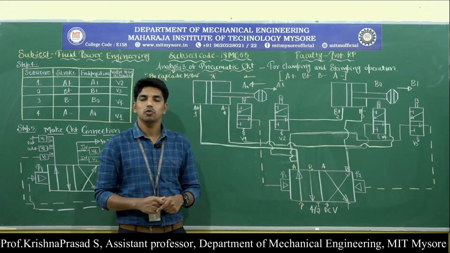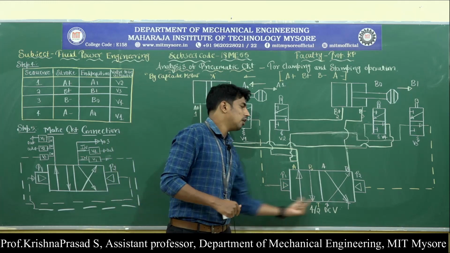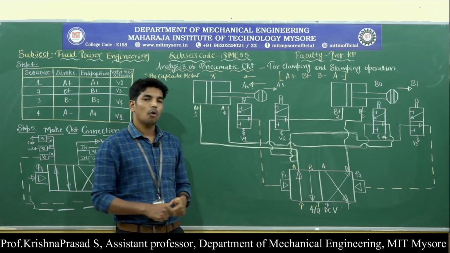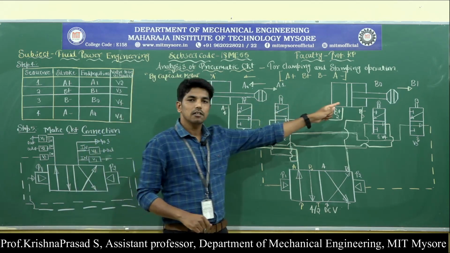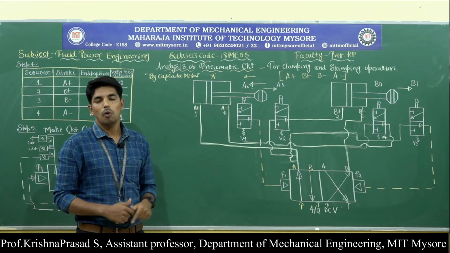The reversing valve is used to change over the signal from the pilot signal P1 to the pilot signal P2 whenever it is required. This can be obtained with the help of the two cylinders A and B along with the four 3/2 direction control valves.